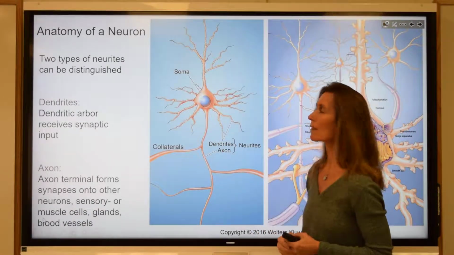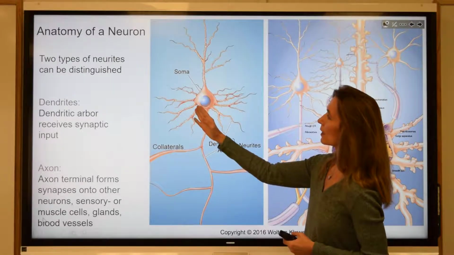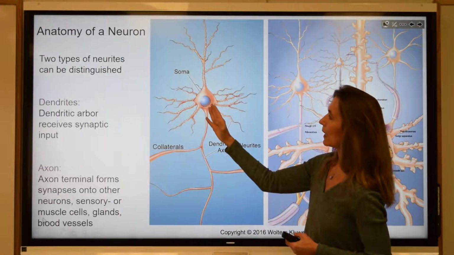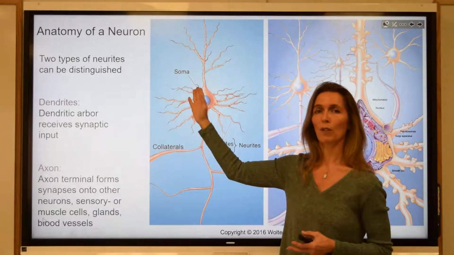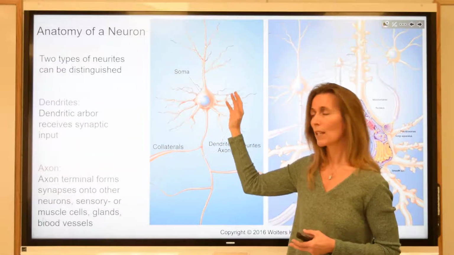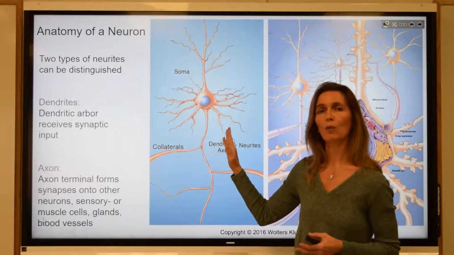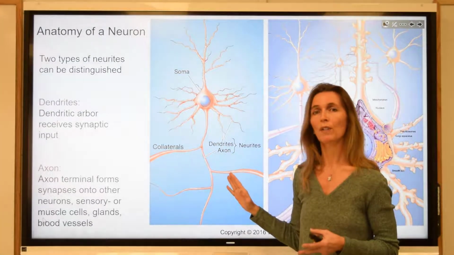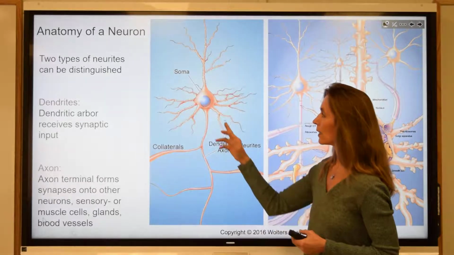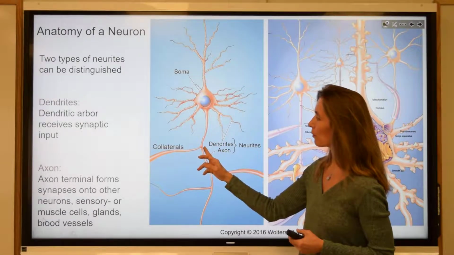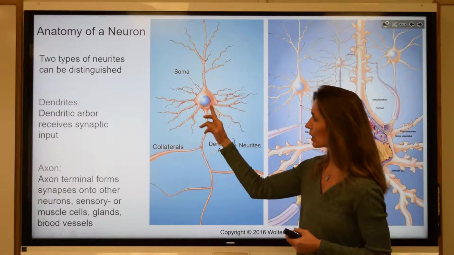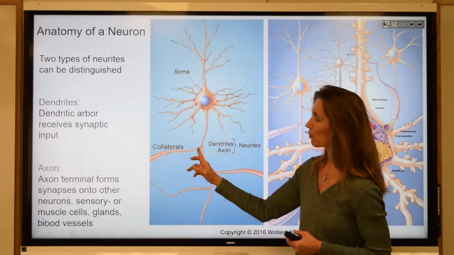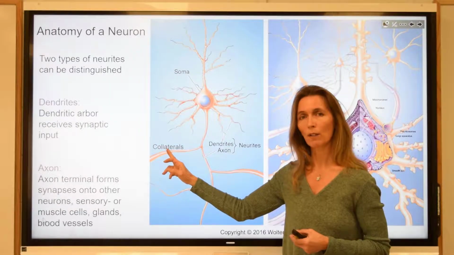but in general, most neurons do have axons and have dendrites. As you can see in this picture here, it is possible that some neurons have a number of dendrites protruding out of the cell body, but there's in general always only one axon that comes out of each neuron. These axons can branch later on as they've protruded out of the soma, and these branches are called axon collaterals.